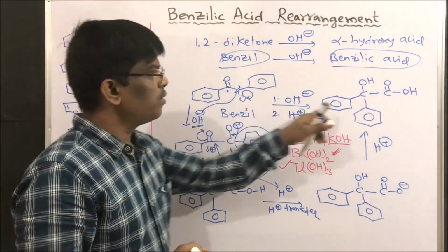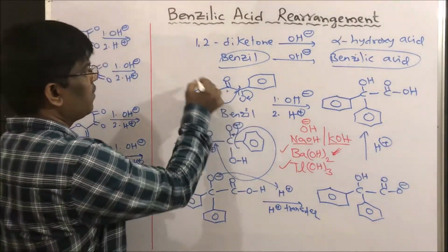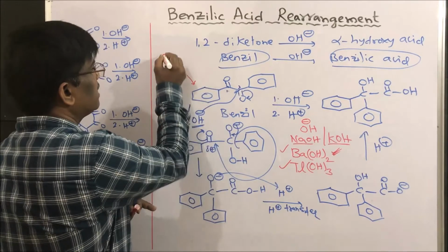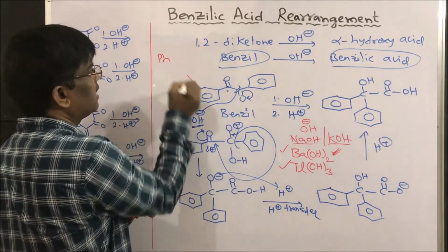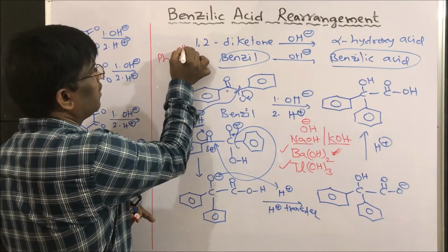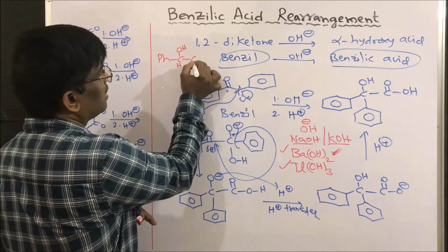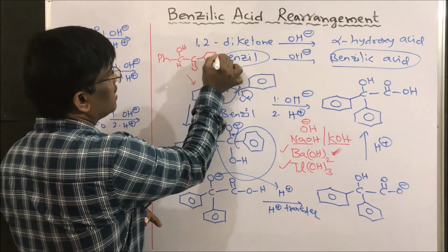So benzil to benzilic acid. Benzil is nothing but a 1,2-diketone. From where will we get this benzil? We get benzoin, in the benzoin condensation.